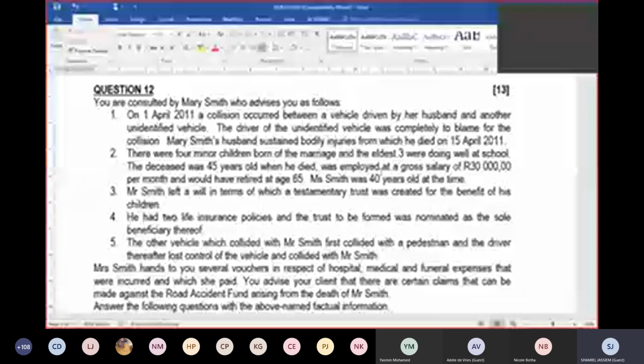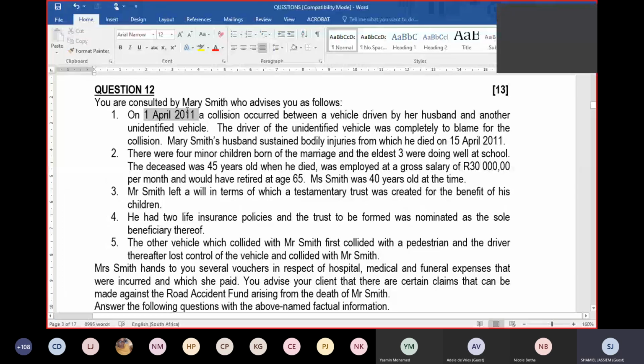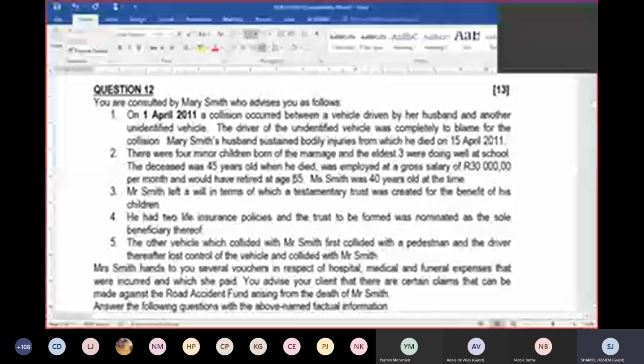On 1st of April 2011, so that is the date of accident, a collision occurred between a vehicle driven by her husband and another unidentified vehicle. The driver of the unidentified vehicle was completely to blame for the collision.